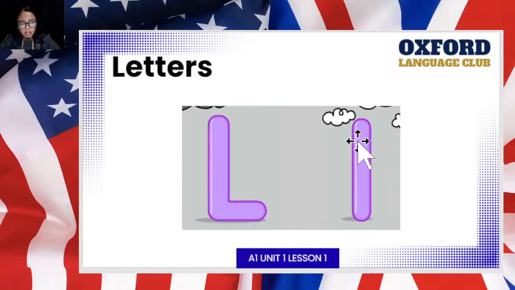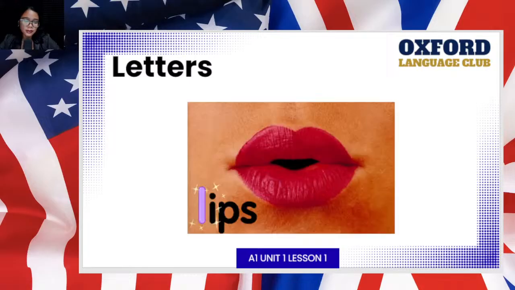Small L is just a straight vertical line. Then our next letter is letter L. How do we pronounce it? L, L, L. So L is a lovely letter. Let's look at some example words.